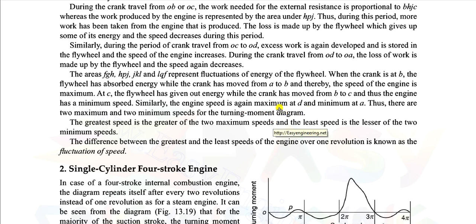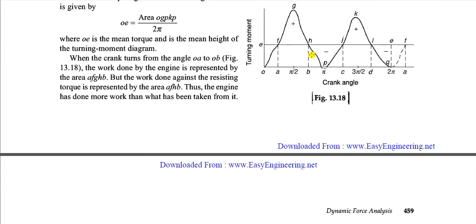So we are getting 2 maximum, 2 minimum, but among the 2 maximum, one will be higher. That is the maximum speed of the flywheel, the greater of the two. For example, where are the 2 maximum?